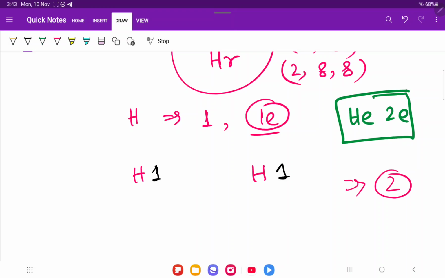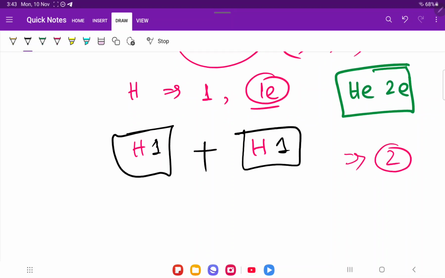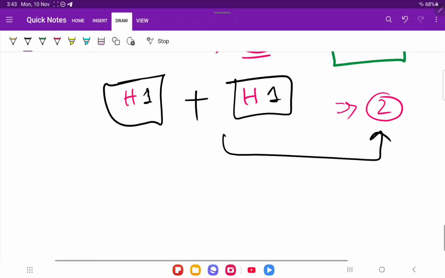The seller told them they can't get the product with 1 rupee. So these two friends discussed and agreed: I give you 1 rupee, you give your 1 rupee. Together we will have 2 rupees, and with that we can buy the product. The same thing is happening here also.